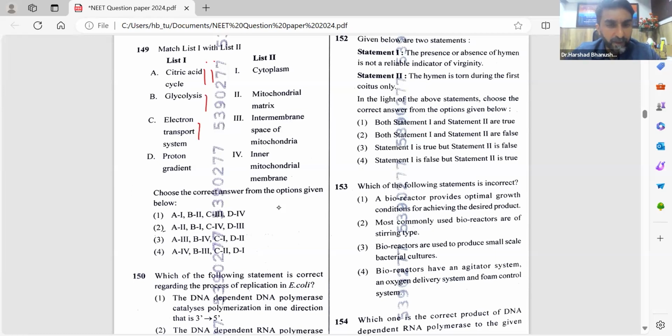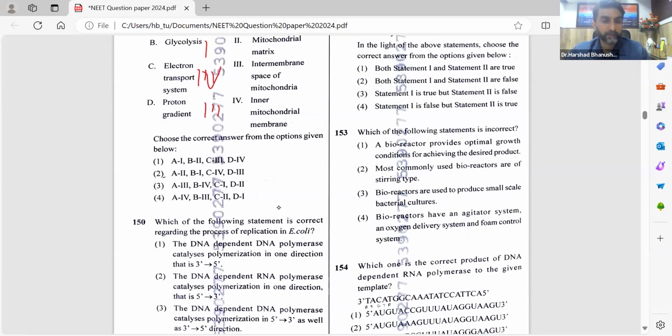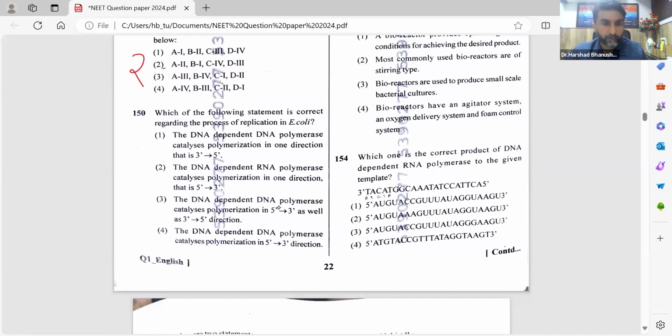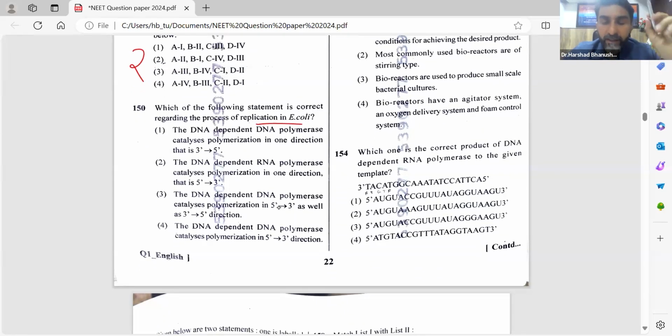ETS occurs in the inner membrane. So C would be 3. And proton gradient occurs in the inner membrane. And this would be 3. So it's 2, 1, 4, 3. 2, 1, 4, 3 is option number 2. E. coli DNA-dependent DNA polymerase works only in 5' to 3' direction. So answer would be option number 4 in this case.